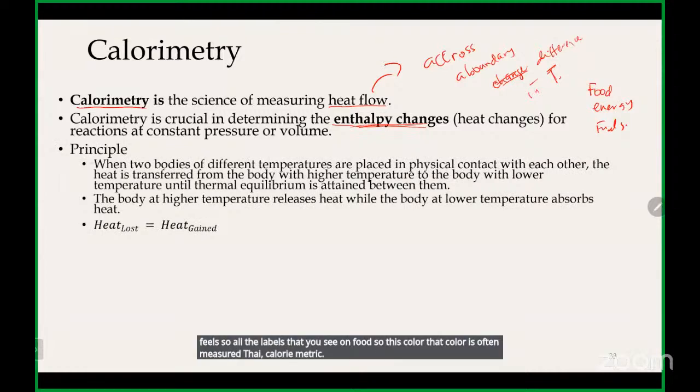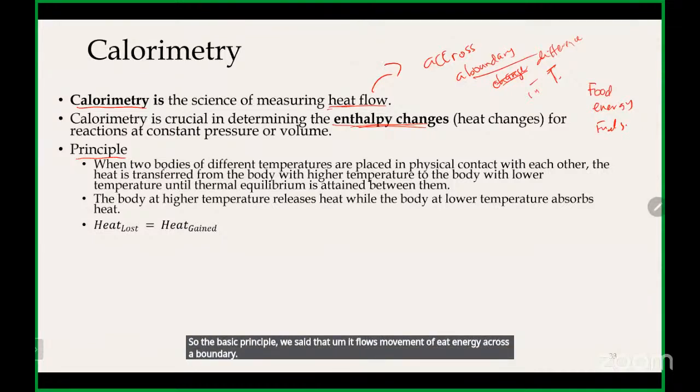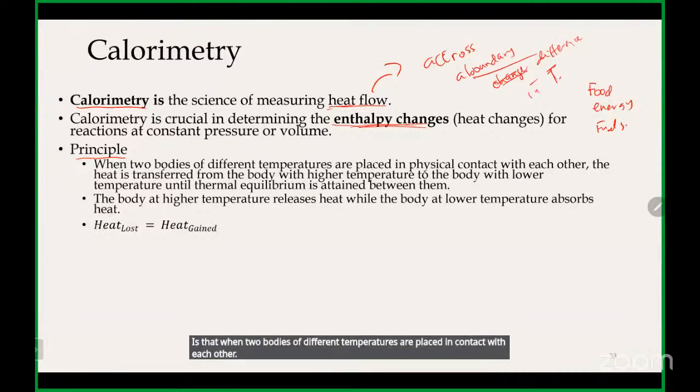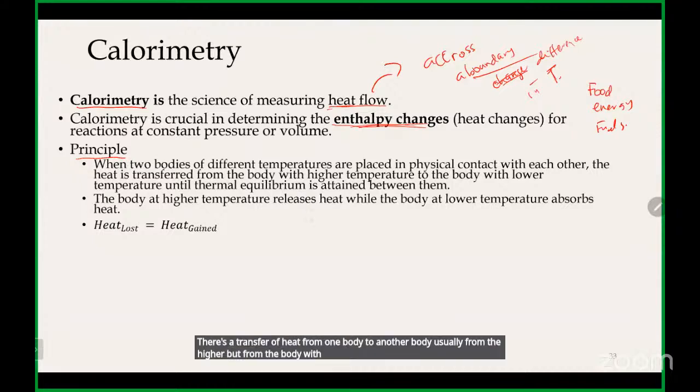So the basic principle, we said that heat flow is movement of heat energy across a boundary. When two bodies of different temperatures are placed in contact with each other, there's a transfer of heat from the body with a higher temperature to the lower temperature until equilibrium is achieved.